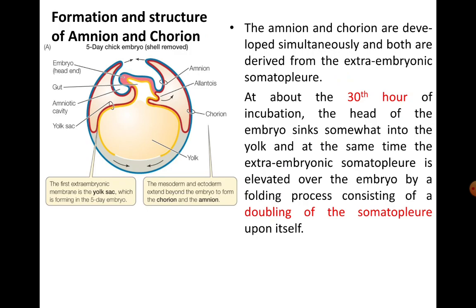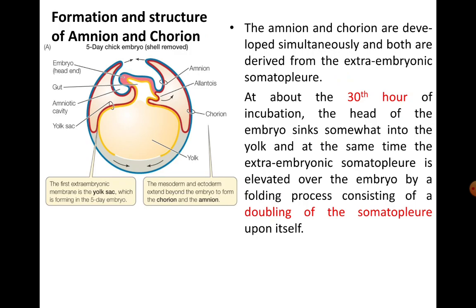Moving on, let us learn how the amnion and chorion are formed. Why we are discussing them together is because both of these layers are formed in a similar way and simultaneously also. So they go hand in hand.